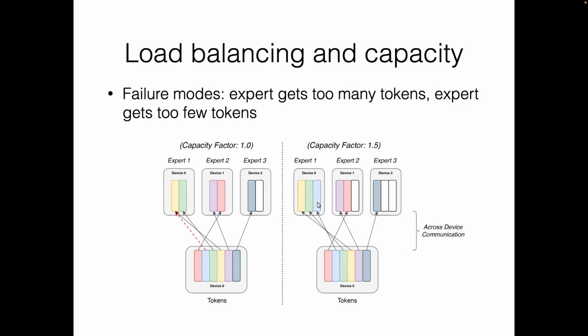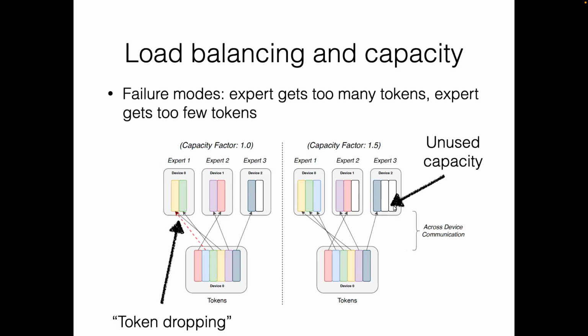Another thing you can do is increase the capacity for each expert. Then maybe you get less frequent token dropping, but now you're going to be wasting your potential capacity on the GPUs or on the device.